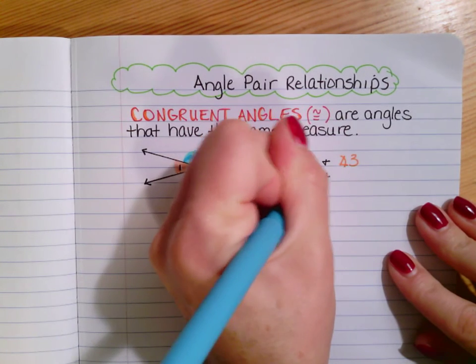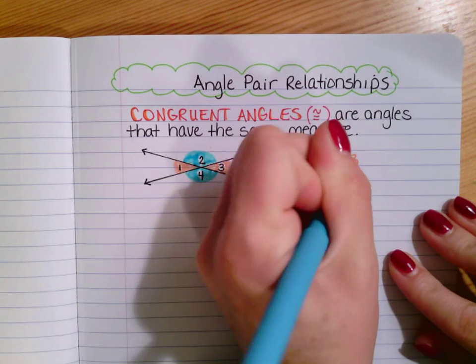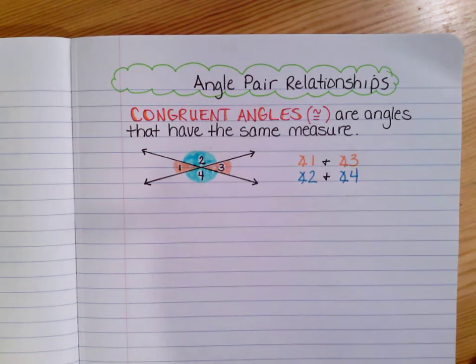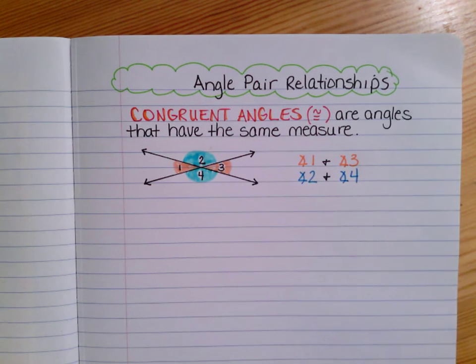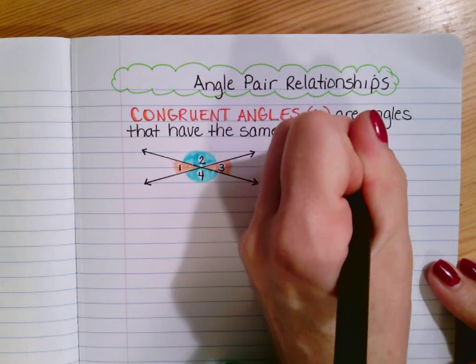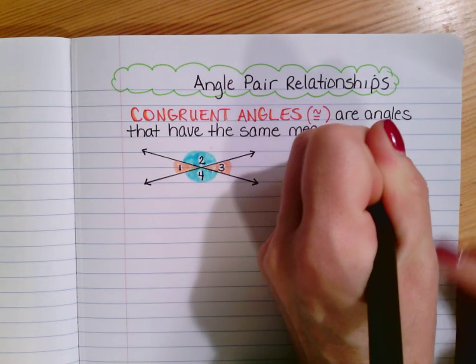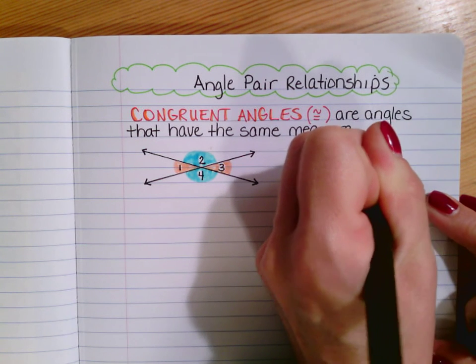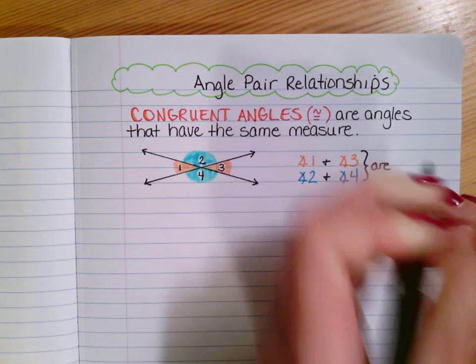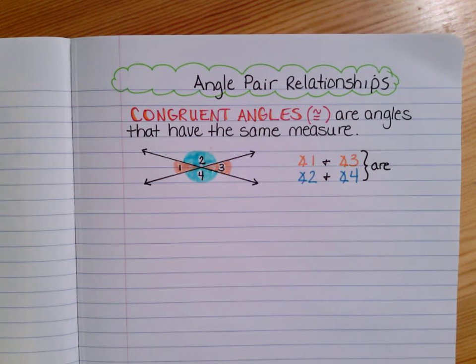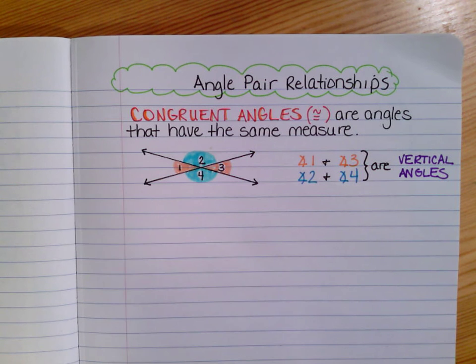So 1 and 3 are vertical angles and 2 and 4 are vertical angles.